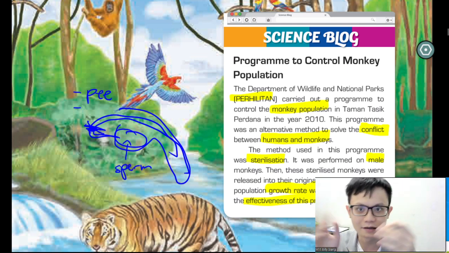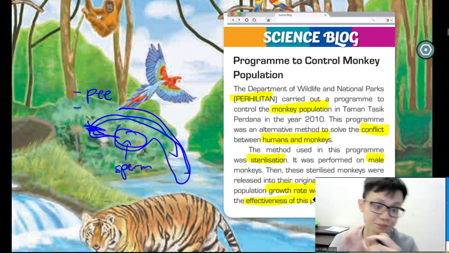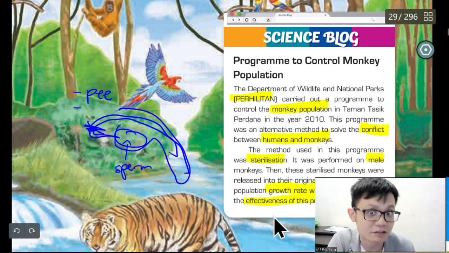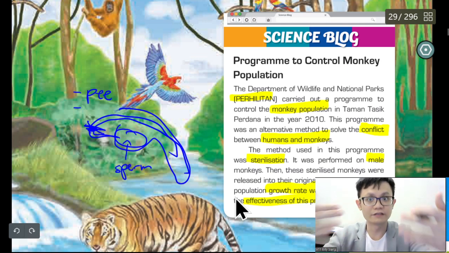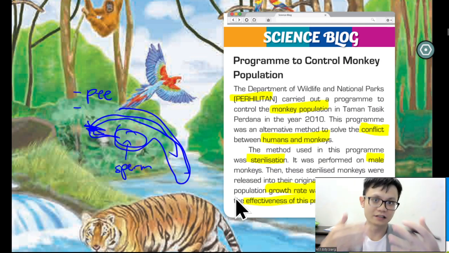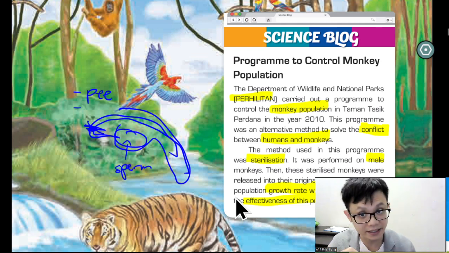Monkeys from other places may come, I don't know. Or one monkey may sleep with all the monkeys and they all have babies, I don't know. So this is the science we want to study. With this knowledge, we can do further research. With further research, we can control the monkeys. Maybe we really don't want too many monkeys. Too many monkeys could be dangerous, correct or not?